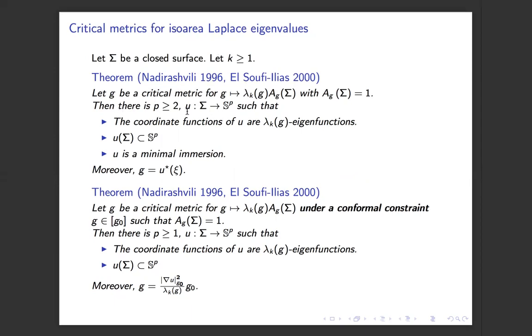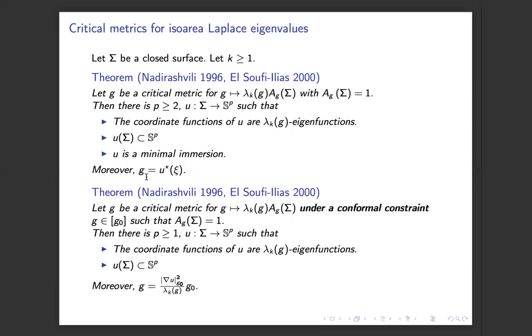then, as previously, we have the first two properties which give you that u is a harmonic map. If we do variation in a fixed conformal class, you obtain a harmonic map. And because you do variation in all the metric space, you also have conformality, so that u is a minimal immersion into some sphere.